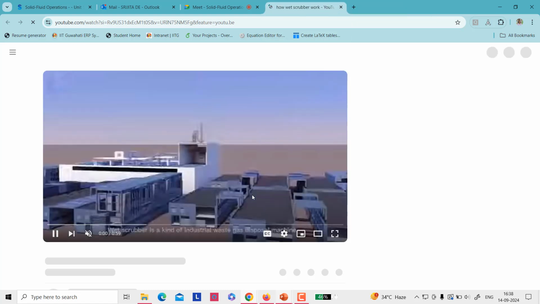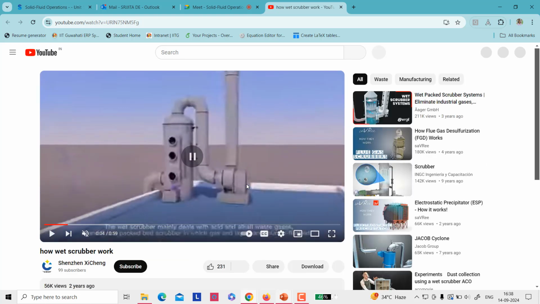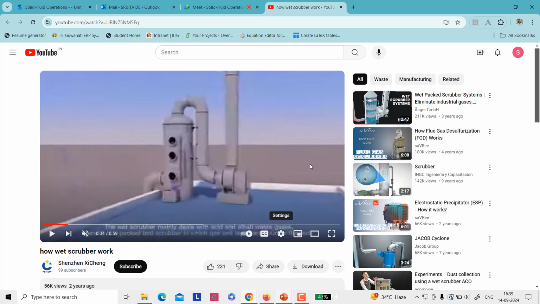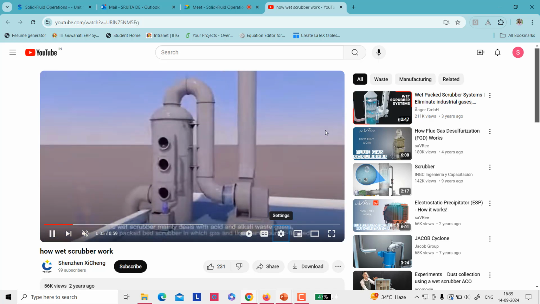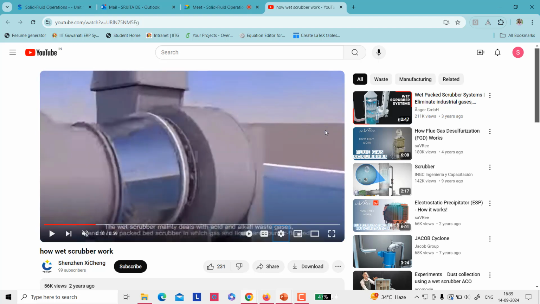This one is the wet scrubber. A wet scrubber mainly deals with acid and alkali waste gases.